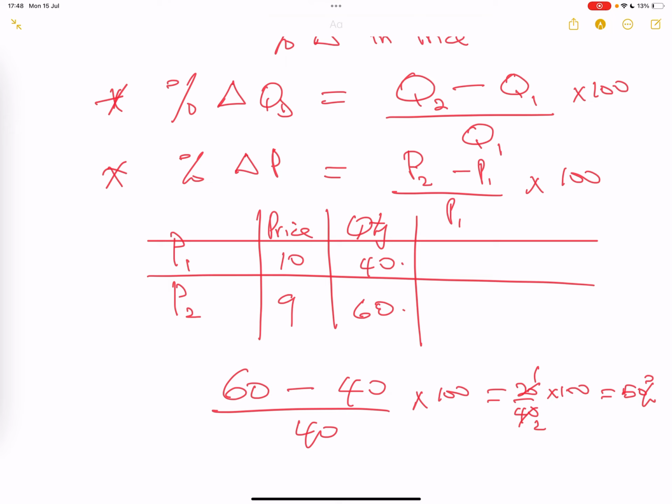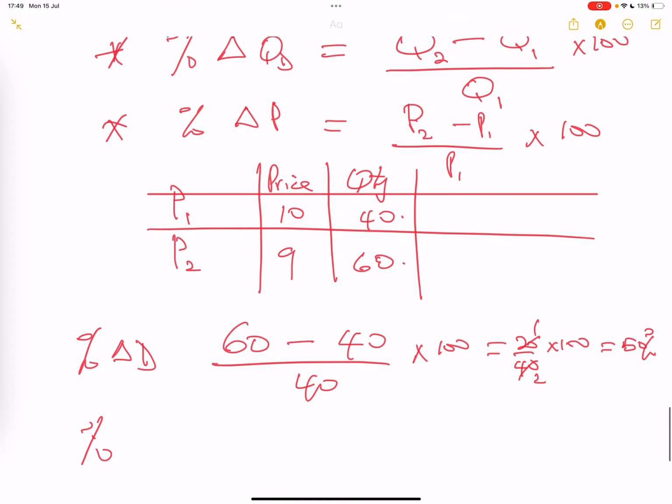So percentage change in quantity is 50%. And we can as well calculate the percentage change in price. So this is percentage change in quantity demanded, then percentage change in price equals the new price is 9, old price is 10, divided by the old price times 100.